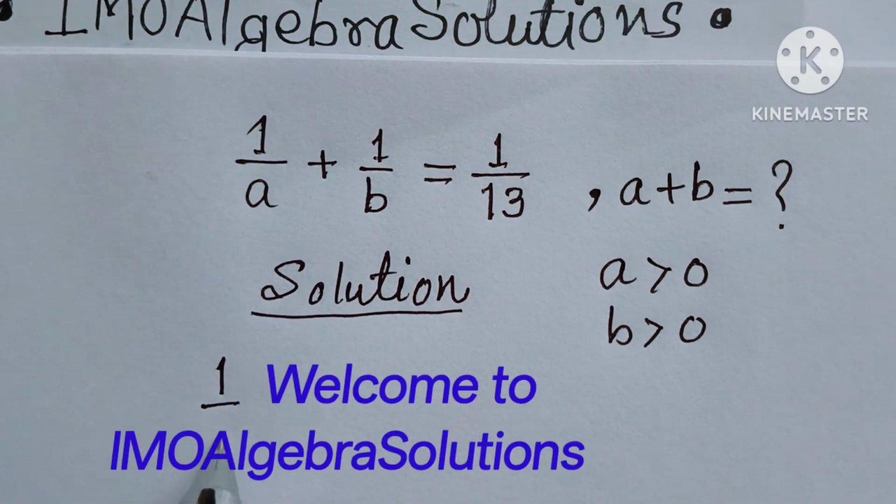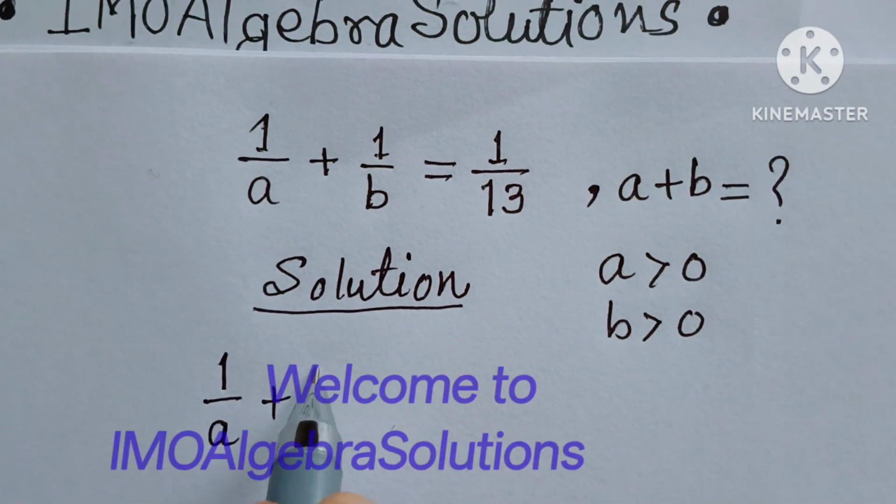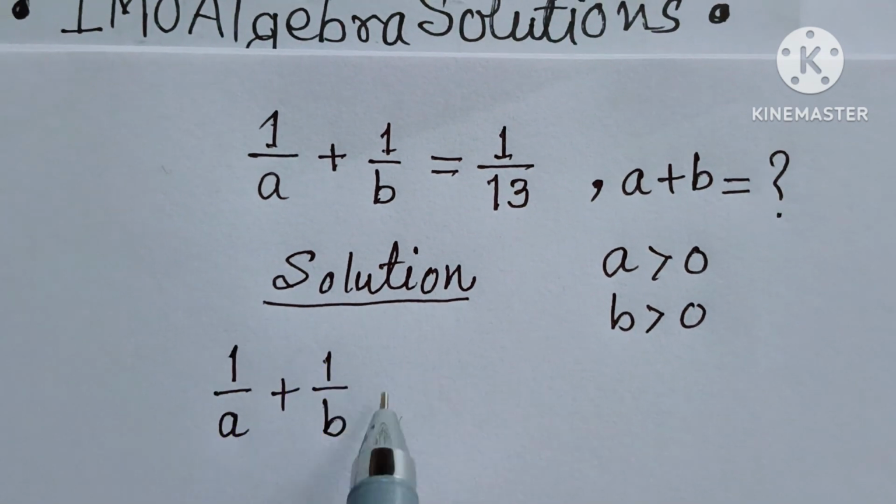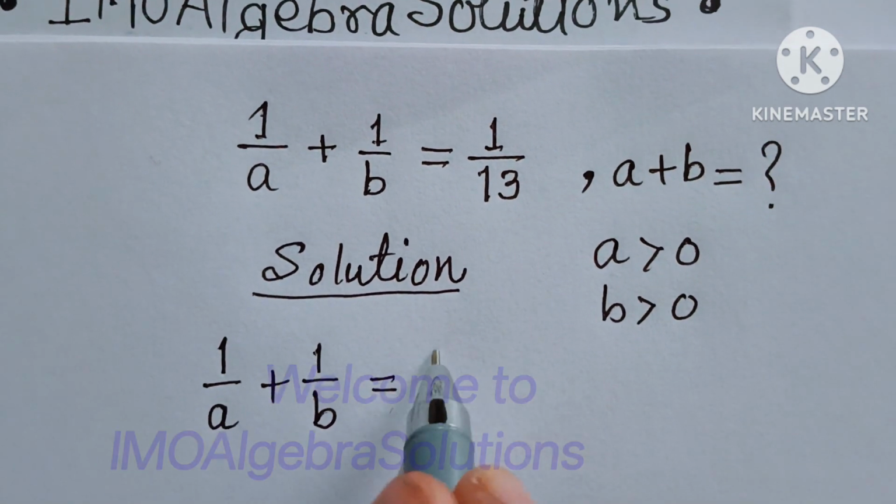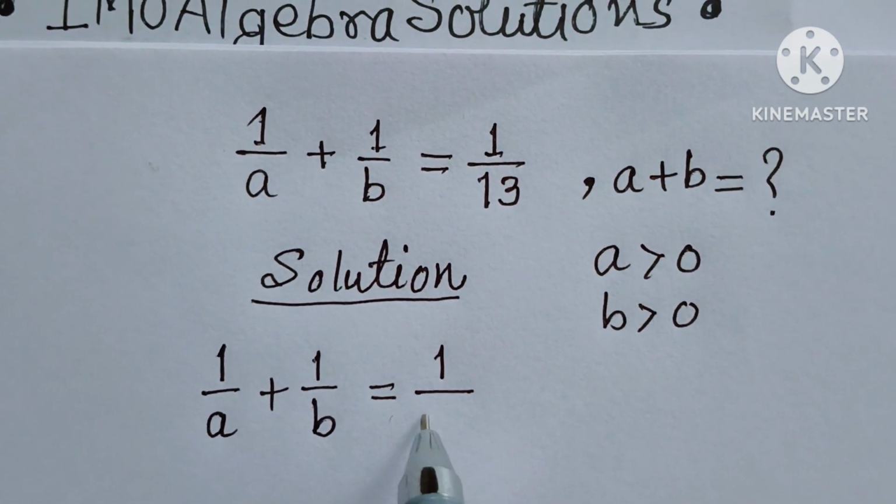1 upon a plus 1 upon b equal to 1 upon 13.